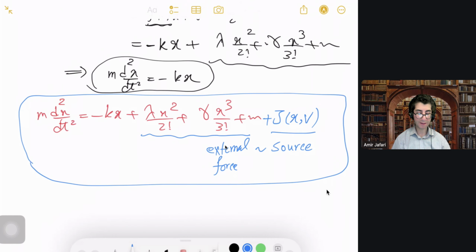And there you'll see that these higher order terms basically correspond to interactions between particles. And this J basically acts like a source for particles. For example, in quantum electrodynamics, in a very simplified picture, because there we have spin, the polarization of photons, etc.